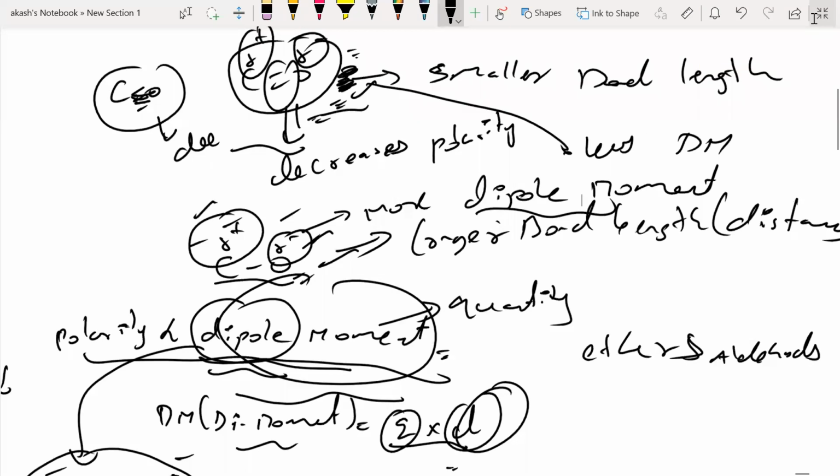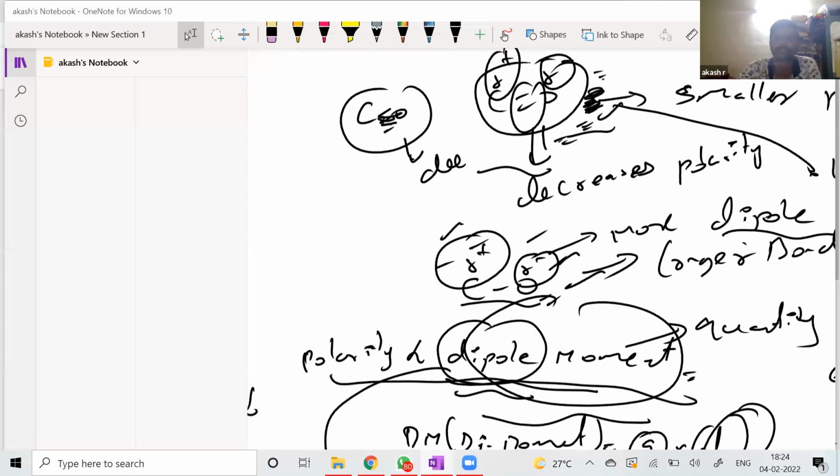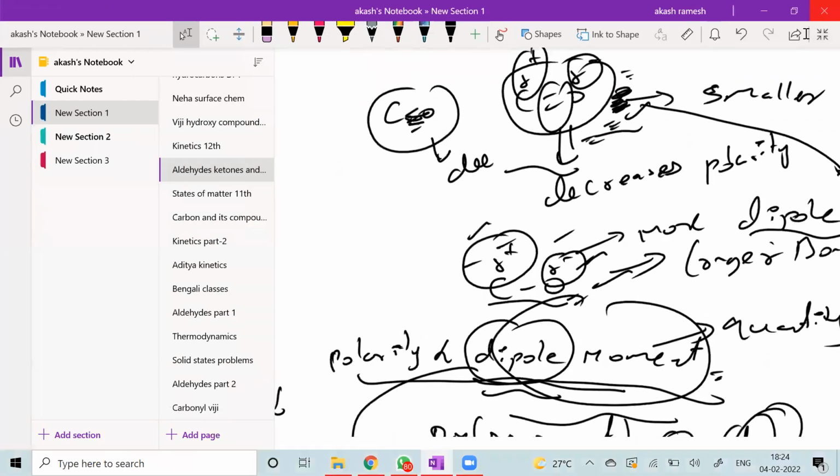Yes, sir. But in the book, it's given that aldehydes are more polar than ethers. Last time, in the example questions, sir. What is the reason they are giving?